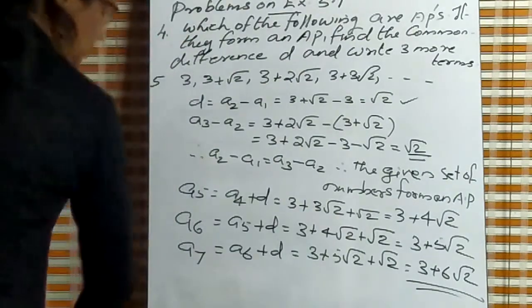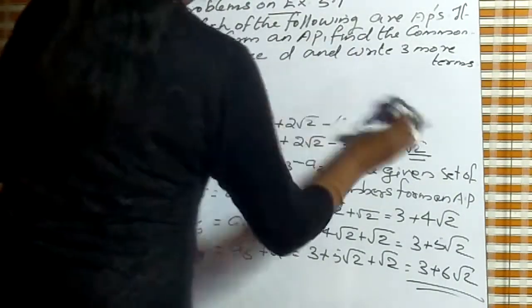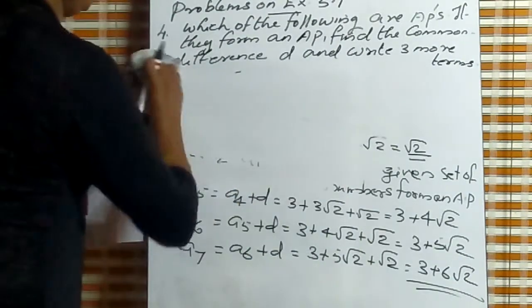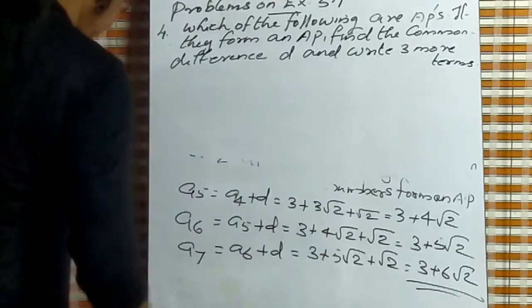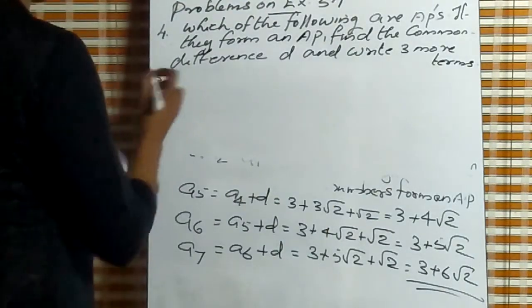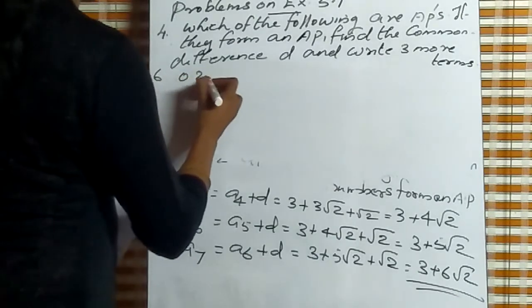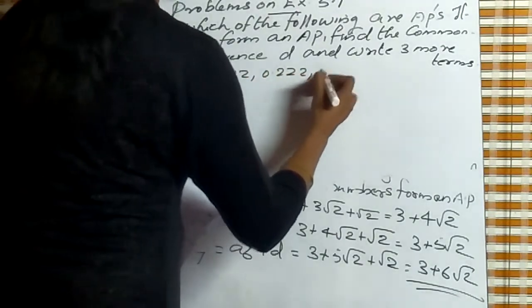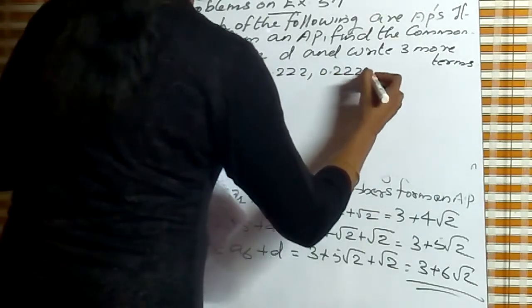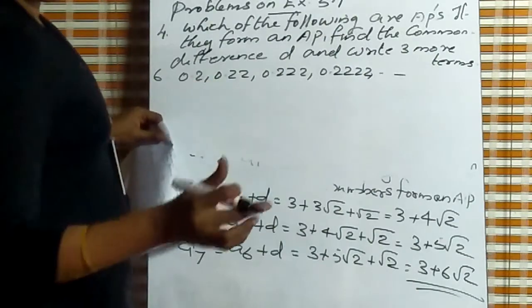Now, question number 6. The numbers are 0.2, 0.22, 0.222, 0.2222, etc. First, find whether it is in AP or not.